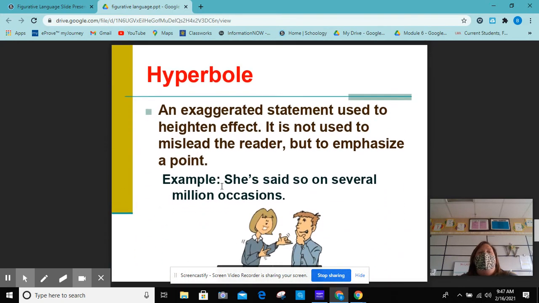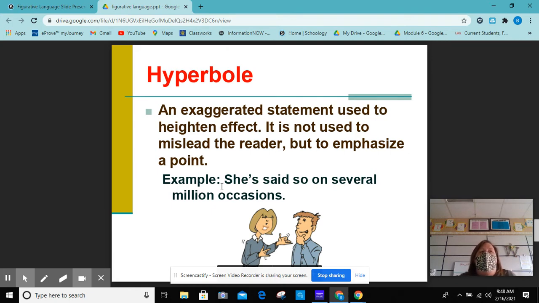Hyperbole. This is the one that I think we probably use most frequently. It's an exaggerated statement used to heighten effect. It is not used to mislead the reader, but to emphasize a point. What does the word exaggerated mean? Exaggerating is when you make a situation bigger than what it really is.